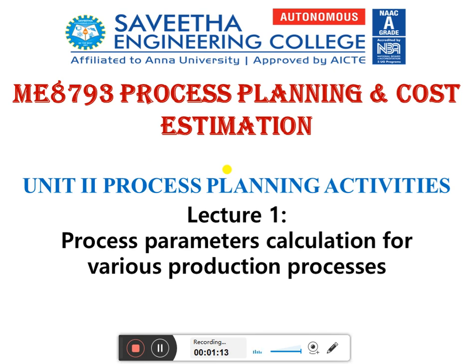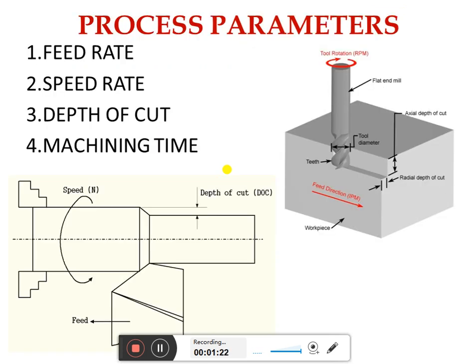Here, Unit 2, process planning activities, Lecture 1: process parameter calculation for various production processes. The basic process parameters for production processes are feed rate, cutting speed, depth of cut, and machining time. I have shown a few diagrams related to feed, speed, and depth of cut. In milling we have depth of cut, see this axial depth of cut.